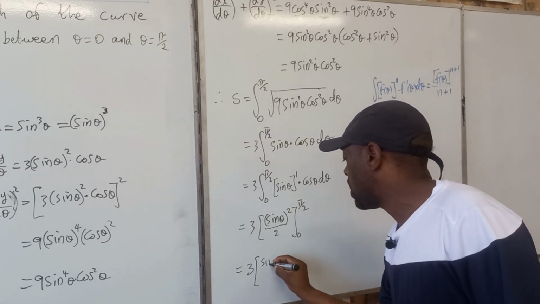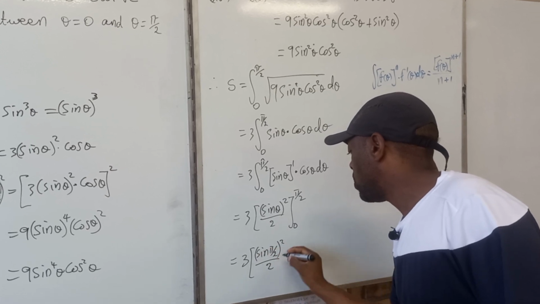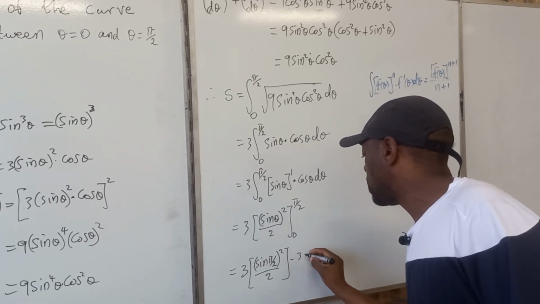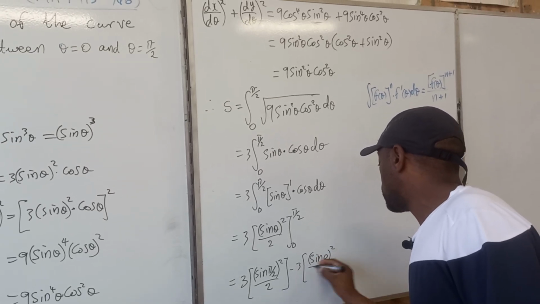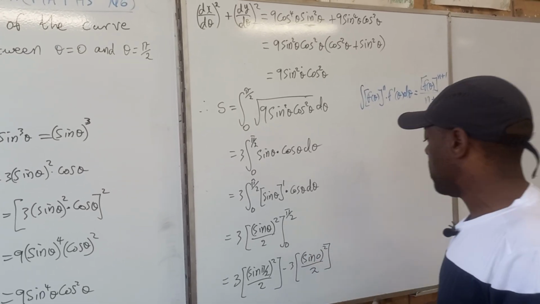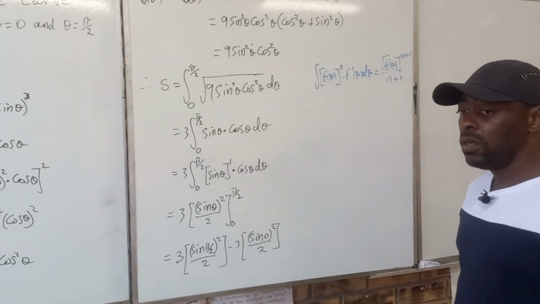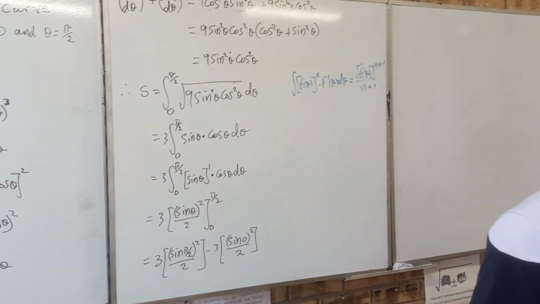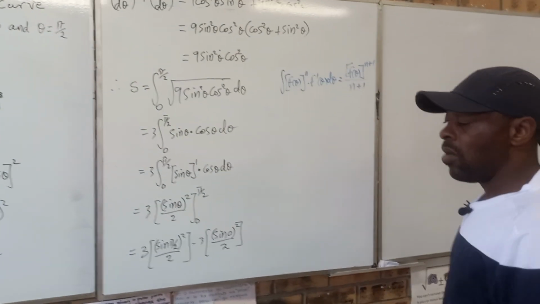So that is the sine of pi over 2, all squared, over 2, that's my upper limit. Then my lower limit will be the sine of 0, all squared, over 2. So if you're familiar with your sine graph, you know that your sine graph starts from the origin. So that tells us that the sine of 0 is 0. So we only concentrate on the upper limit.